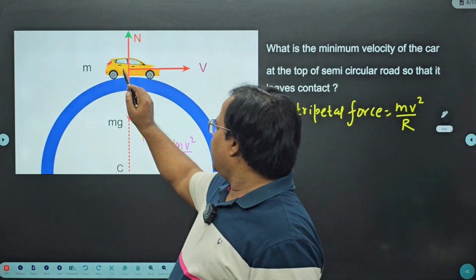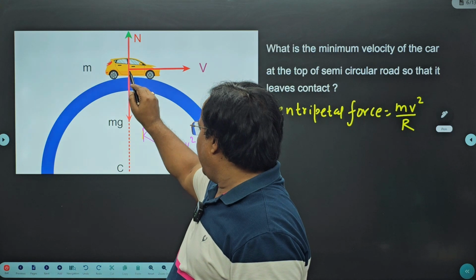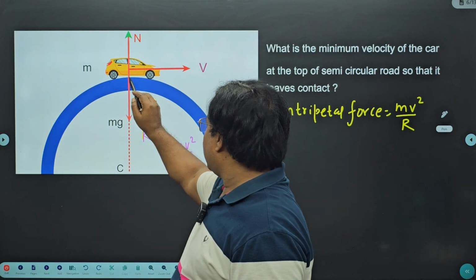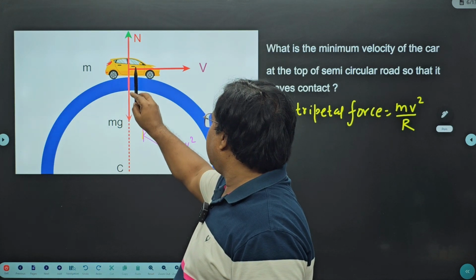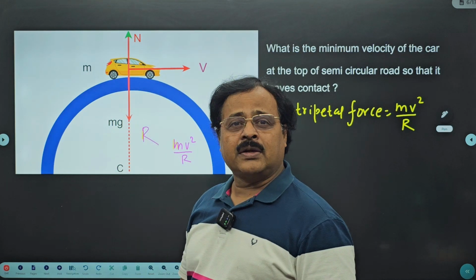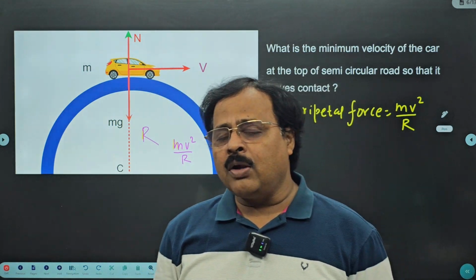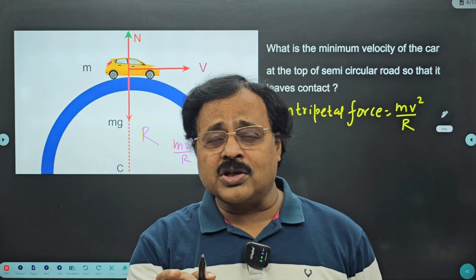You see, here the car is having mass m, its weight is acting vertically downward, and this semicircular surface at the top gives a normal reaction on the car which is equal to N. This is the normal reaction. My dear students, when a body leaves contact with any surface, what is the normal reaction?